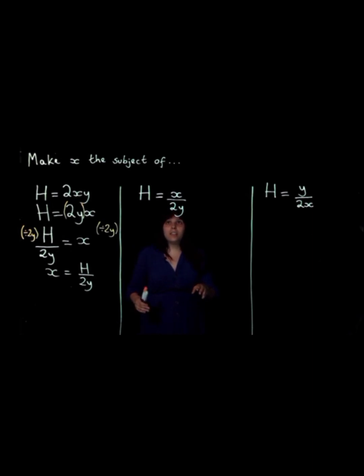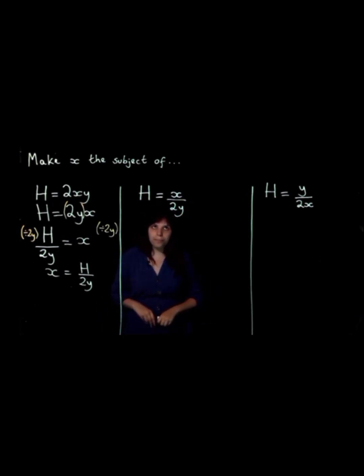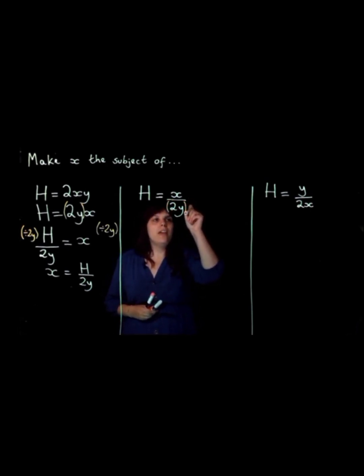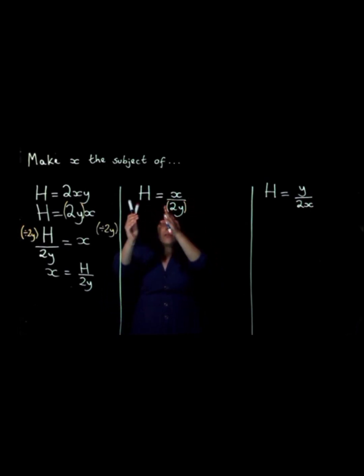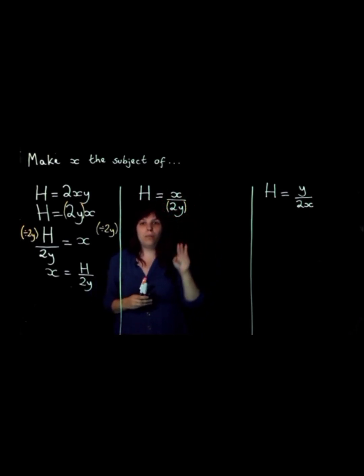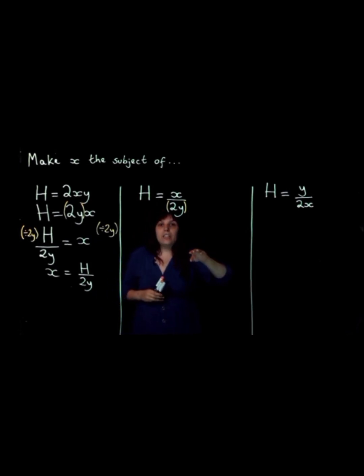Okay, so in our second example, we've got h equals x divided by 2y. If I put my 2y in brackets, then I now have 3 separate parts of my equation again, my h, my x, and my 2y. So that means that I can manipulate this to get my x on its own.